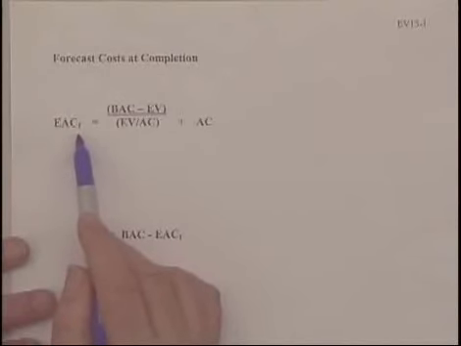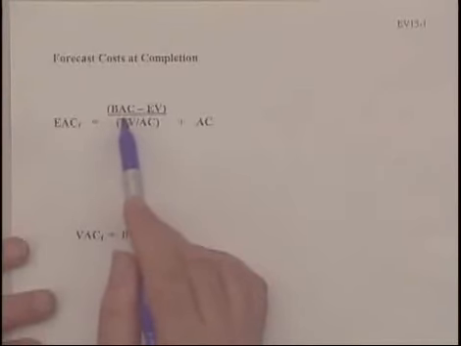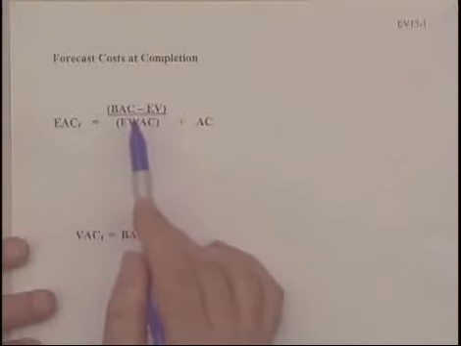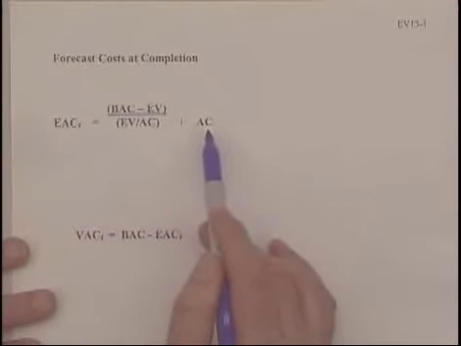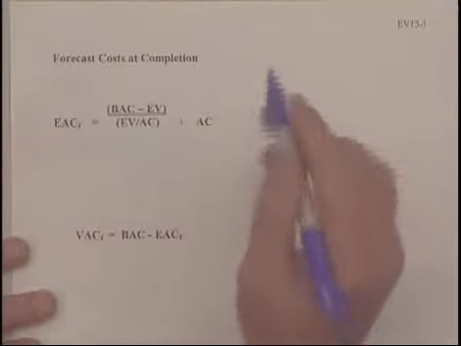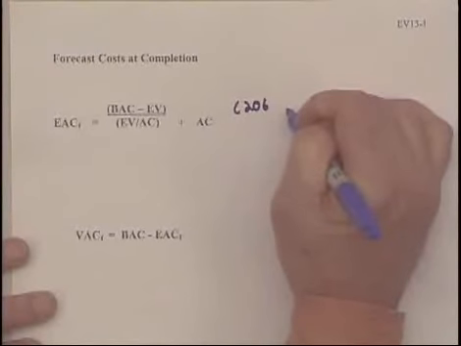Estimated cost at completion based on the forecast is BAC minus the earned value divided by AC, which simply put is the CPI, plus the actual cost to date. So let's put in these numbers and see what we get. Remember that the project is supposed to cost $206,000.